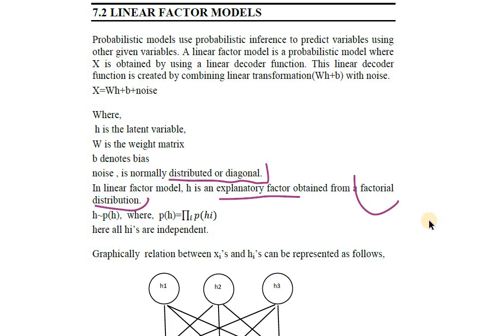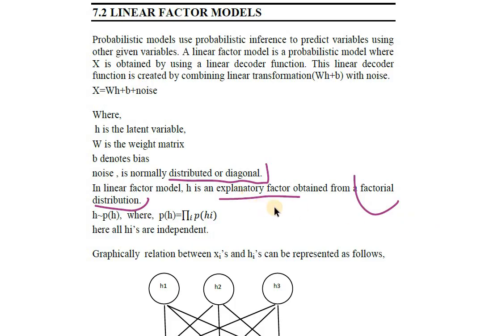It is denoted by WH plus B. Okay, so W, we all know it is a weight matrix. H is nothing but your latent variable. Please remember, latent variable is a variable that is not directly calculated, but it can be observed or calculated indirectly. Okay, B is a bias, and the noise factor is generally a normally distributed noise or a diagonal noise.